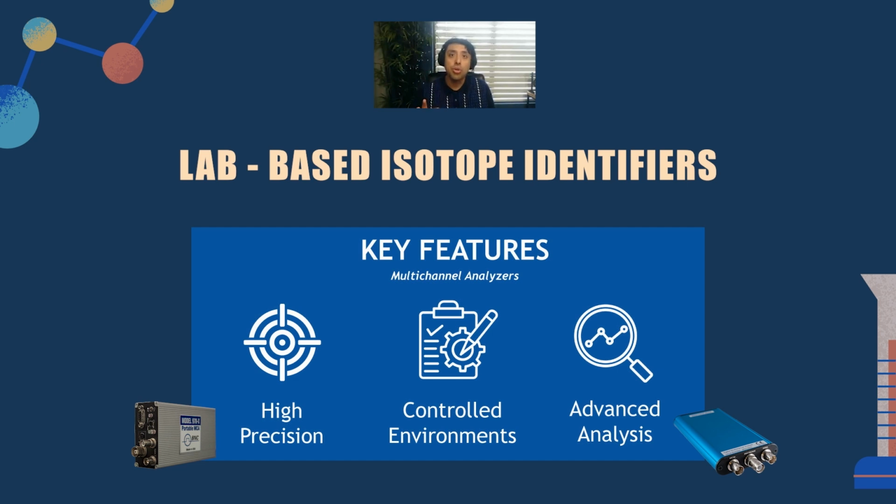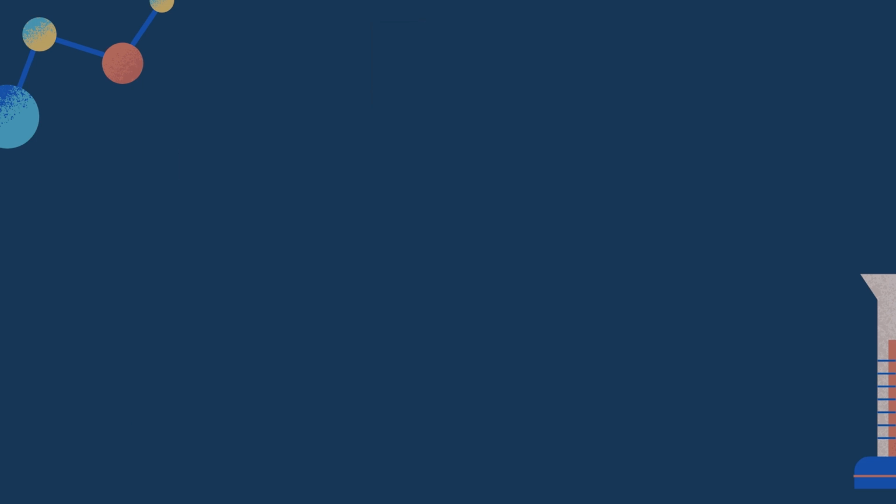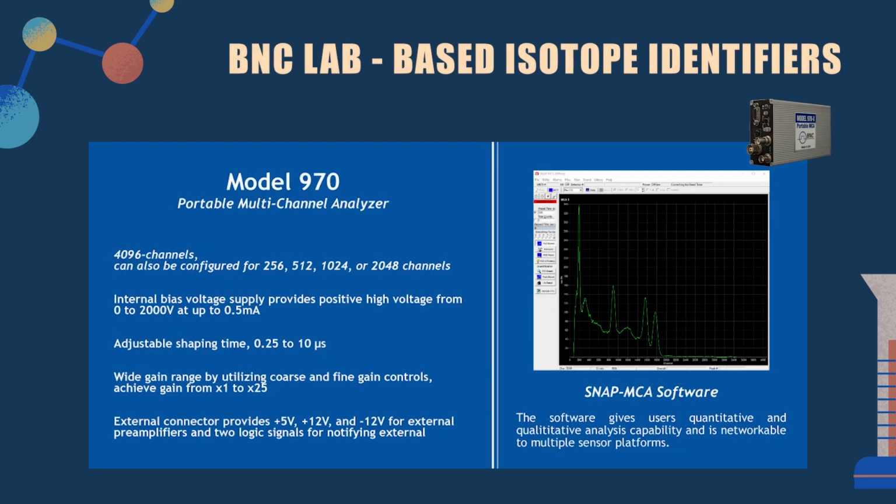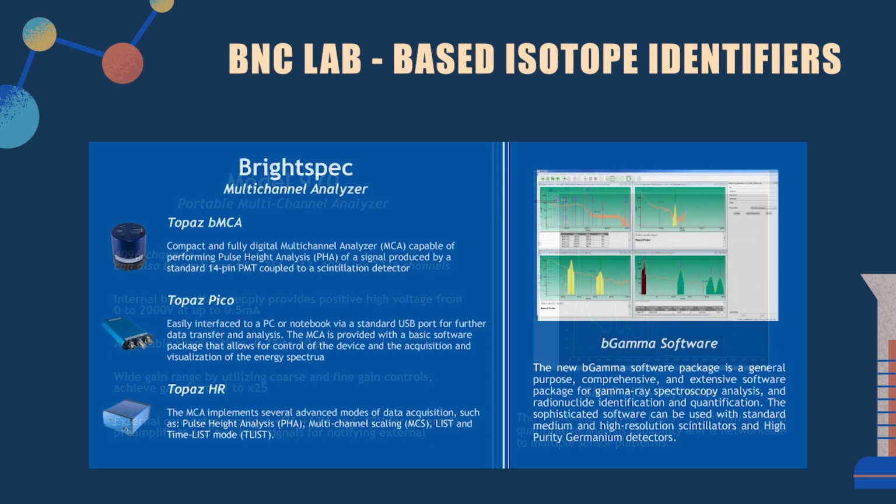There are two common examples of lab-based isotope identifiers that we offer. The Model 970 with a 2 by 2 sodium iodide detector and BrightSpec MCA multi-channel analyzer.